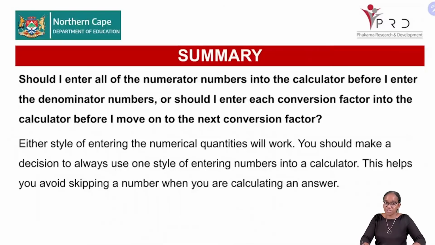So whichever way you enter, you still get the answer. So either style of entering the numerical quantities will work. But you should make a decision to always use one style of entering numbers into the calculator. This helps you avoid skipping a number when calculating an answer, right?